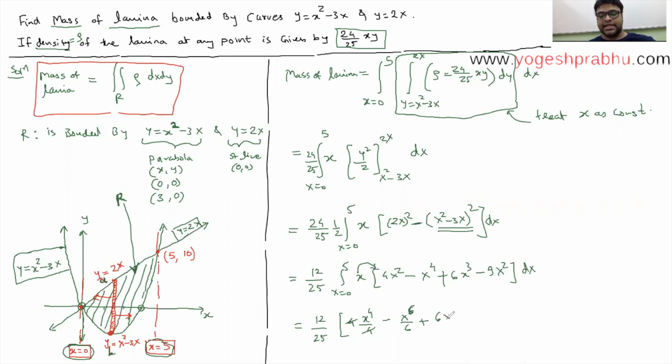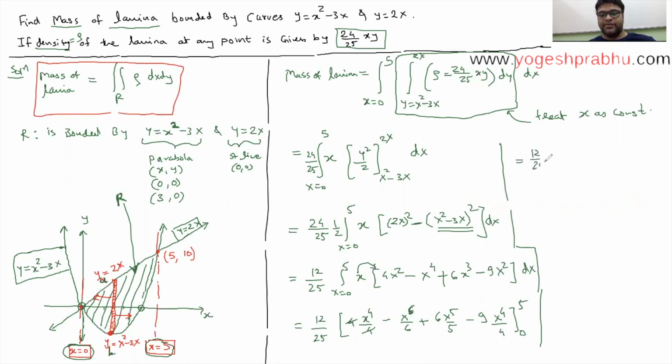Integration is 6x raised to 5 divided by 5. And minus 9. This is x cube will become x raised to 4 by 4. And the limits will go from 0 to 5. Now you don't have to put lower limit. We can only put upper limit because lower limit values are going to be 0 anyways. So let me make some space here and let us solve this and see what we get the answer as.